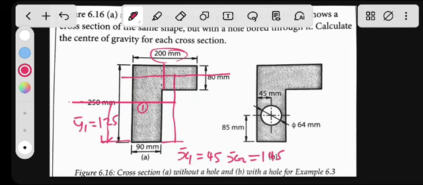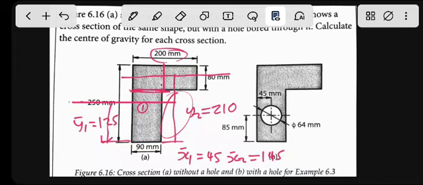Plus this distance of 250 minus 80, which is 170, we get 210. So y2 will be 210.